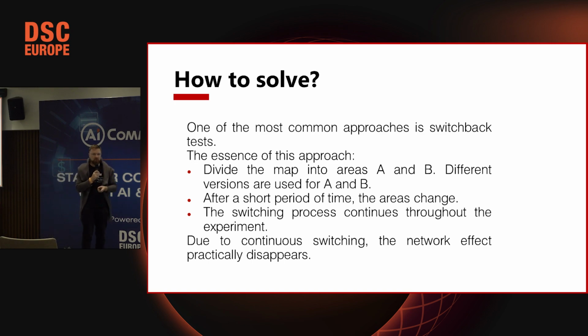Users can be in group A at one moment, and the next moment they can be in group B. And with randomization, we try to reduce the network effect. In general, it's a normal way to work with A/B tests in this case. But of course, it depends on the service, our features, and the current experiment.